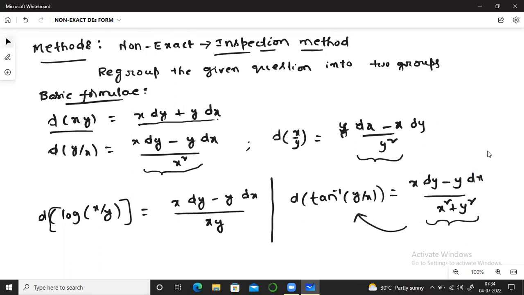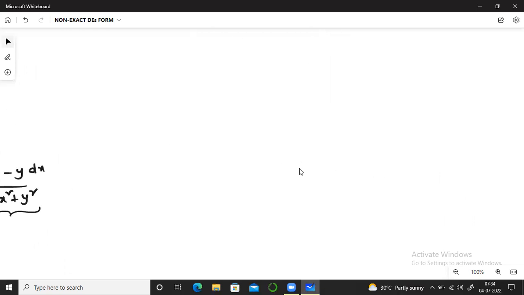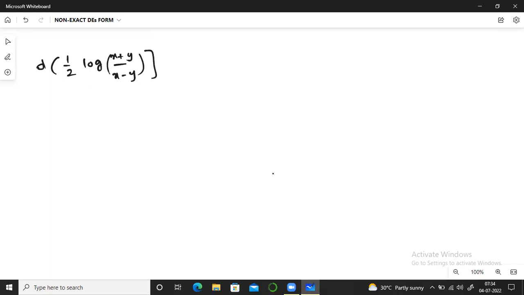There are other formulas I am writing. Differentiation of half log (x plus y) over (x minus y), you can write as (x dy minus y dx) over x squared minus y squared.